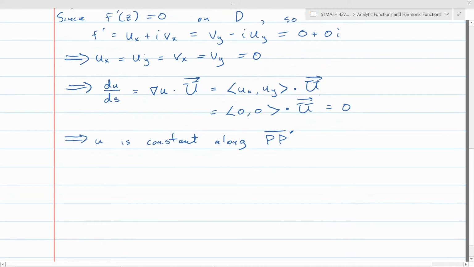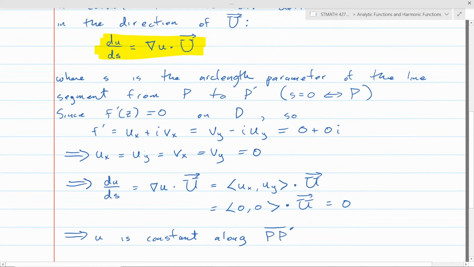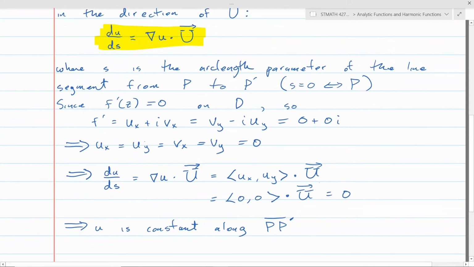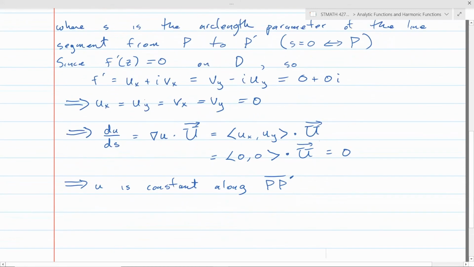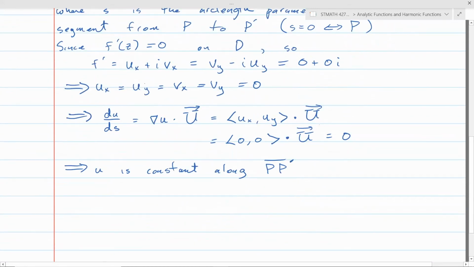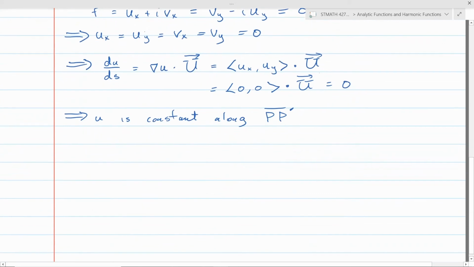And by exactly the same argument, we know v is constant, because we could look at the directional derivative of little v in the direction of that big U. And we know the partials of v are both equal to 0, so we'd get that gradient, the 0 vector, and when we dot it with big U, it'll end up being the same thing. So similarly, v is constant along P to P prime.